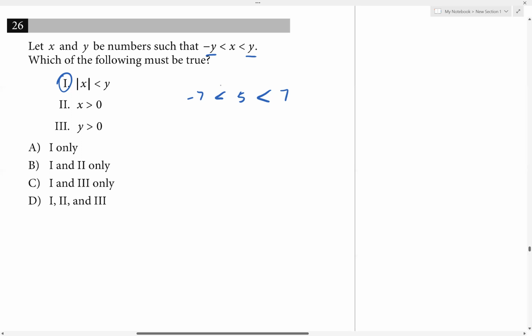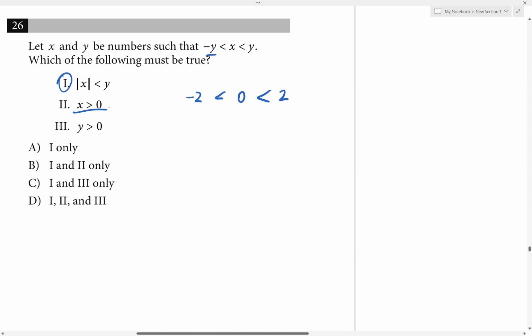Now statement 2 says x is greater than 0. Well, back to the first example we picked: negative 2, 0, and 2. This works, and you see how x could be equal to 0, so it's not always greater than 0. So it's not must be true. x could even be negative.